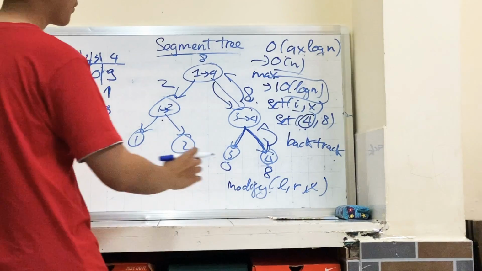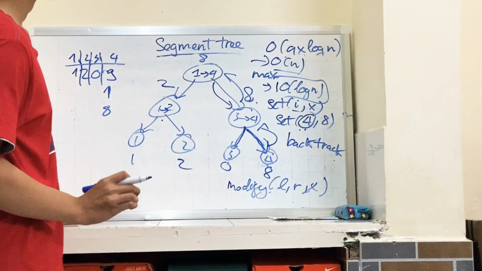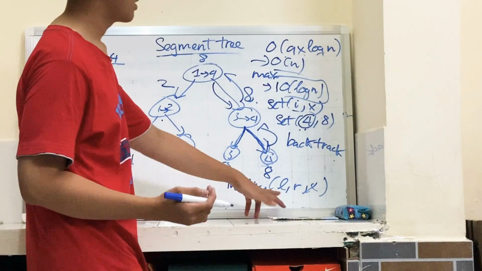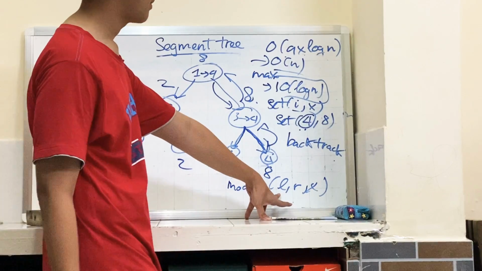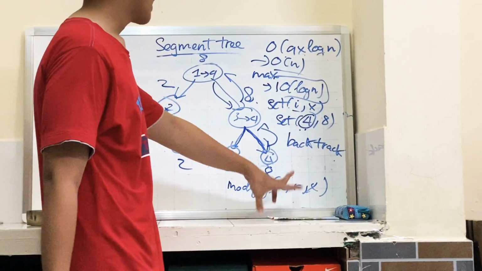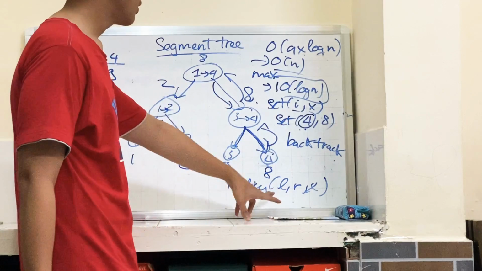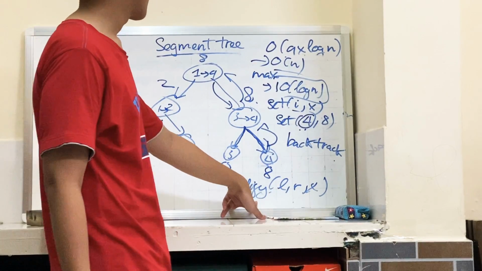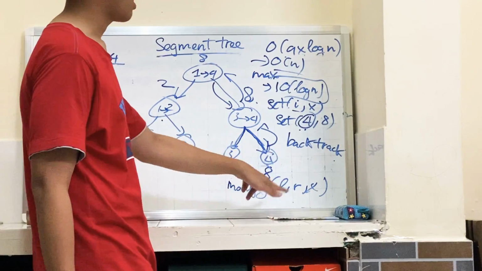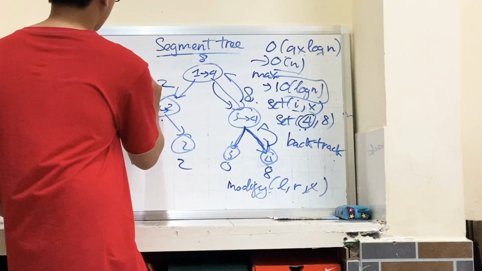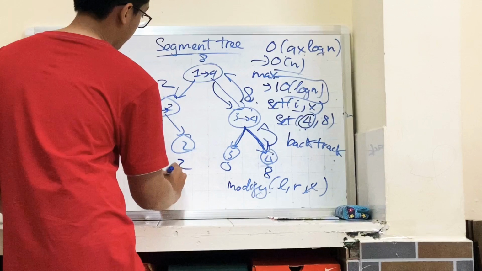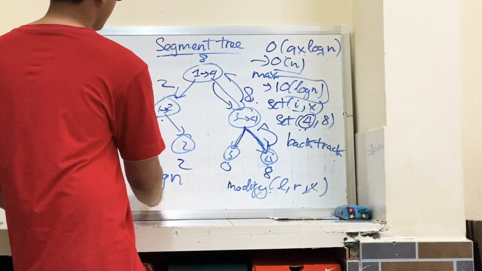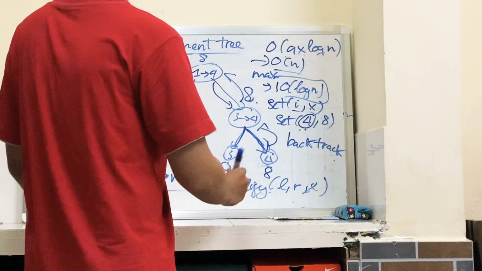What if we modify the value on an interval? The naive approach is you iterate from L to R and set the ith value, so the complexity of this operation will be n log n. N log n is too expensive.